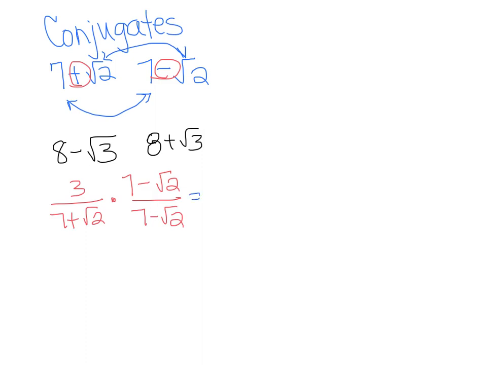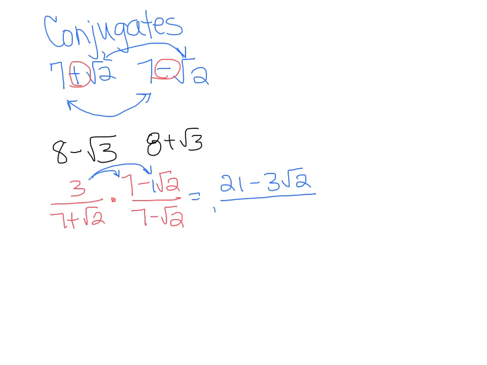On top we have to distribute. So I get 21, and then the 3 is an outside number and the 2 is an inside number. They cannot mix. So we have 3 square roots of 2, because really you can only take outside numbers times outside numbers, so we have that invisible 1 in front, implied 1. On the bottom we're going to FOIL.